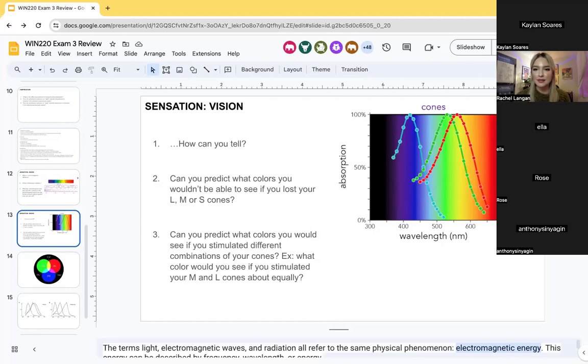Yeah, Kaylin. Is the reason that you wouldn't really lose much from the M cone, is that because the M and the red cone have so much overlap in the wavelengths they cover? Yeah.